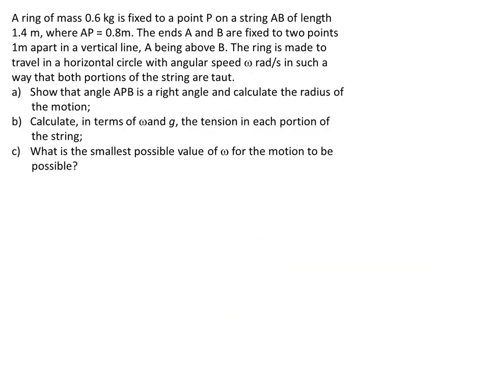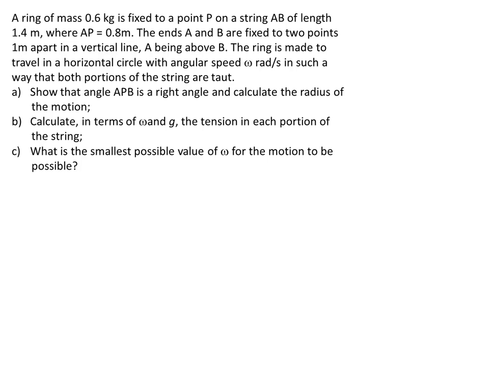Our final example has a ring of mass 0.6 kilograms fixed to a point P on a string AB of length 1.4 meters, where A to P is 0.8 meters. The ends A and B are fixed to 2 points 1 meter apart in a vertical line, with A being above B. The ring is made to travel in a horizontal circle with angular speed omega radians per second in such a way that both portions of the string are taut.